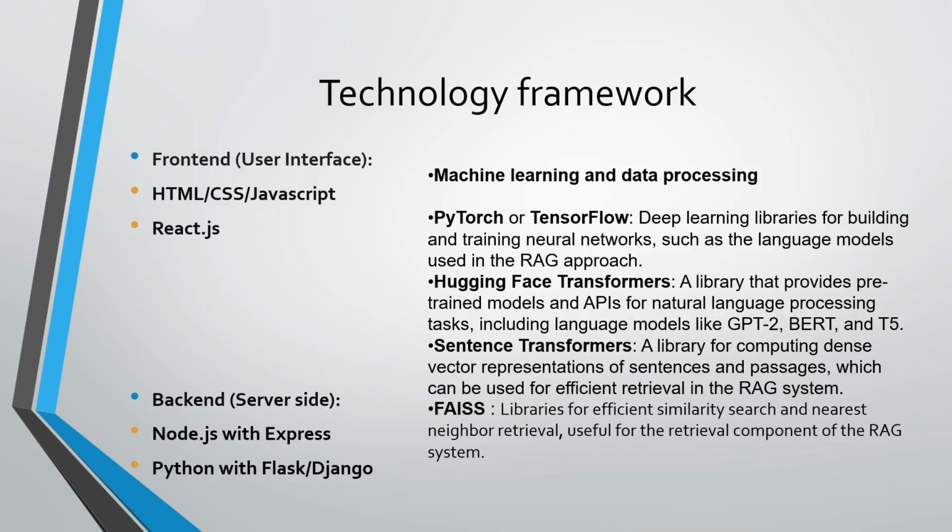For machine learning and data processing, PyTorch can be used as a backend for fine-tuning and training models like BERT and GPT-2. Hugging Face can primarily be used for building and fine-tuning transformer-based machine learning models for NLP tasks. Sentence Transformer is a Python library which is built on top of Hugging Face's Transformers library. It is specifically designed for generating vector representations.